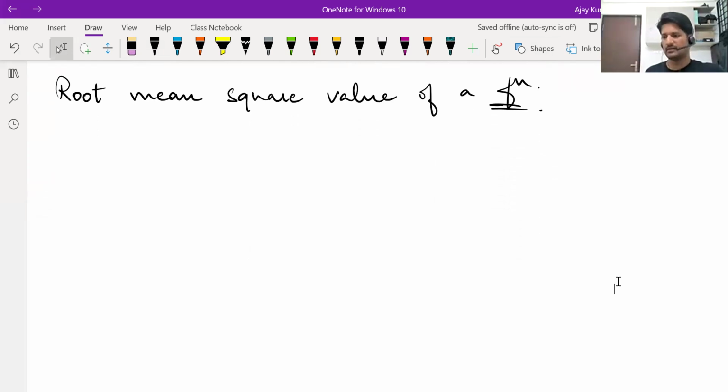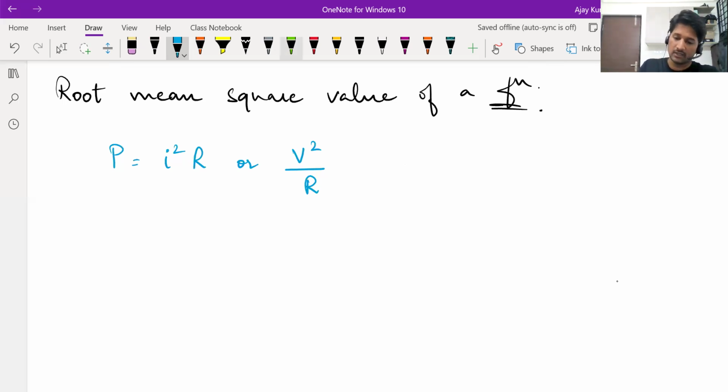Here, since the EMF function is variable, as I said, the current produced in the circuit will be variable. It will be an alternating current, and the power consumed in the circuit will also be variable. You know that power consumed by a resistor is I square into R, or you can also write it as V square divided by R, where V is the voltage, R is the resistance. Now, if the voltage is variable, the power will also be variable.